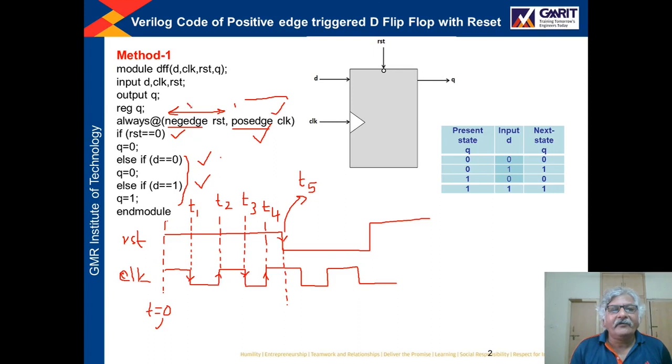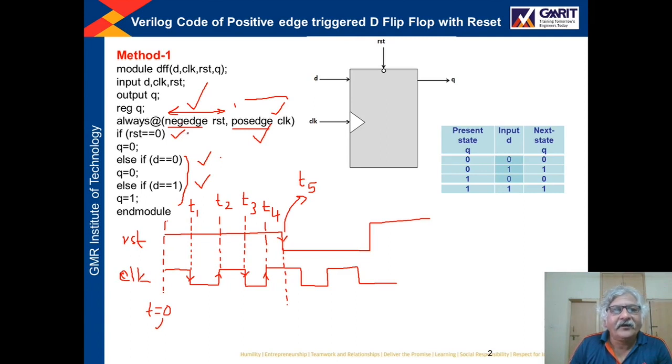So a negative edge is detected on RST. Since we have written negedge RST, what will happen? The event occurred on the RST, and this event is the negative edge, right? So due to this negative edge on the RST, the always block will be activated, right?